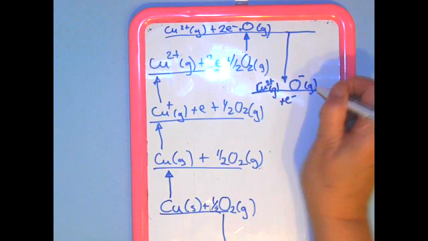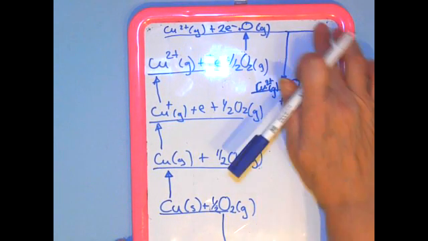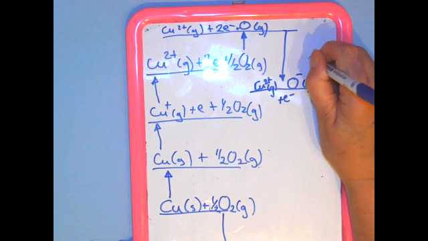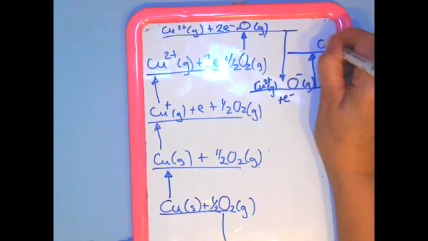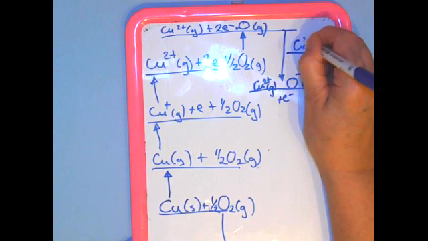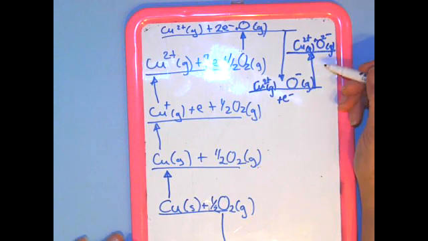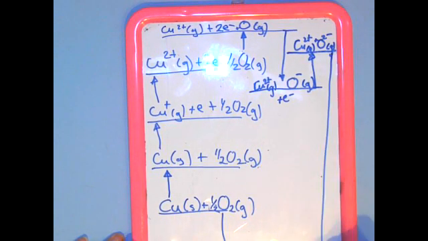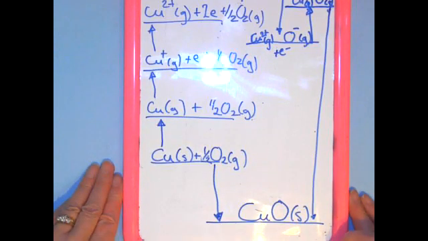Okay, so the next thing that's going to happen is this oxygen is going to pick up another electron. So it's going to pick up a second electron. So here it is, it's picking up its second electron. So this is O2- as a gas, and there's our Cu2+ as a gas. And then those gaseous ions are going to combine together to give us copper oxide solid.